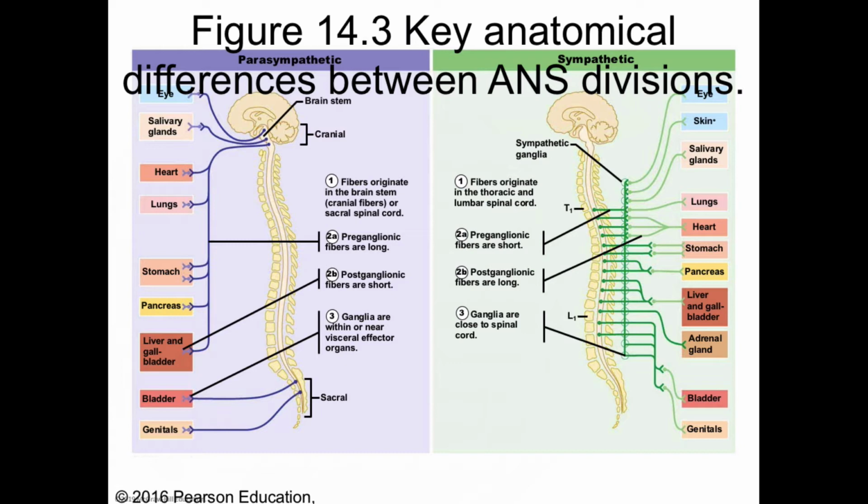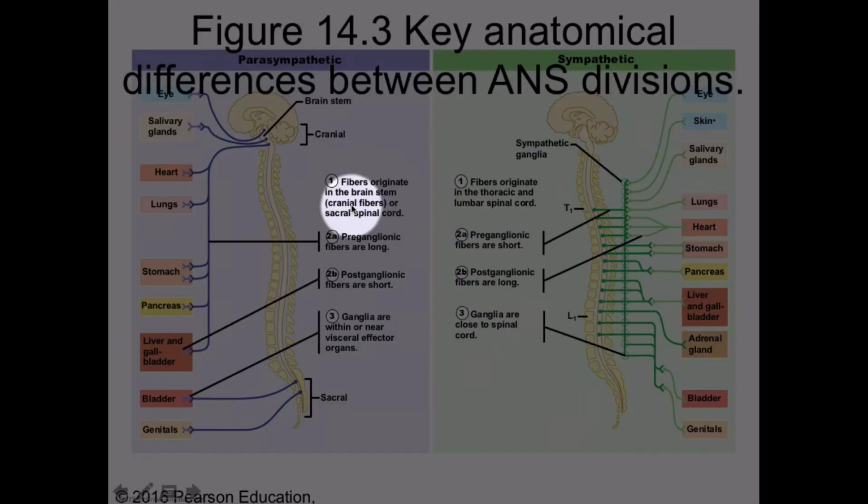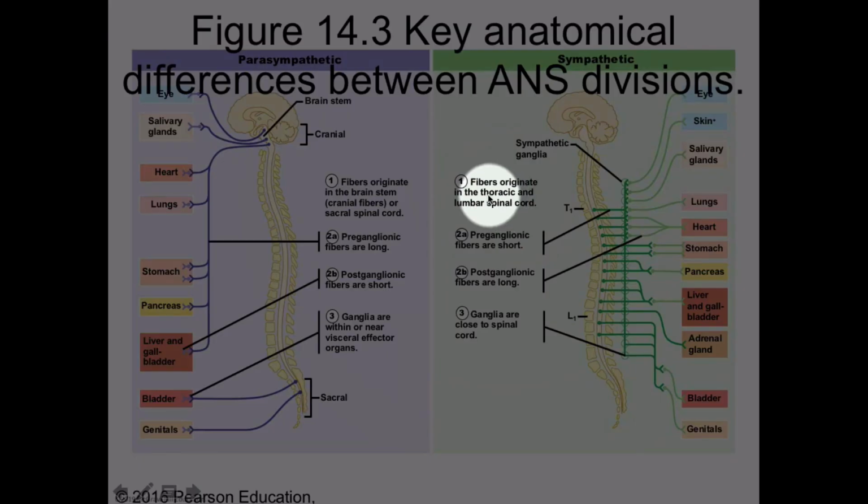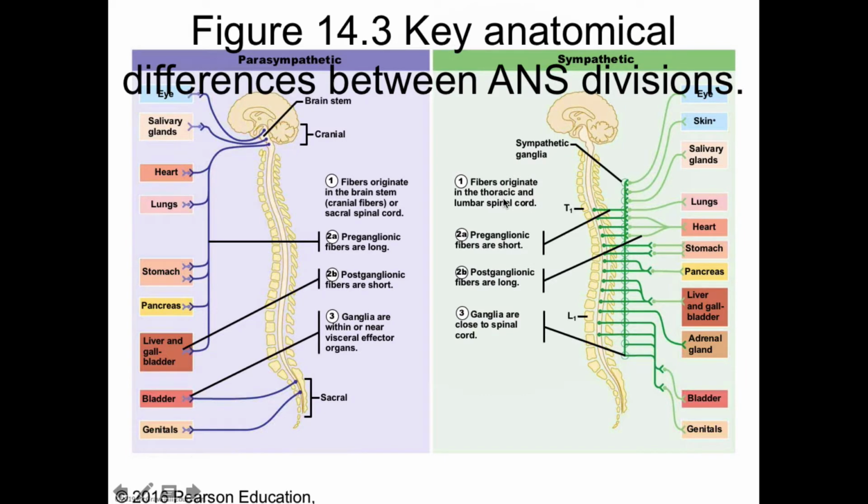As you see this here, it shows you where the fibers originate. The parasympathetic nerve fibers originate, class, in the brain stem or in the sacral spinal cord. To contrast, the fibers for the sympathetic division originate in the thoracic and lumbar spinal cord. So these are anatomical differences, class, showing you where they originate.